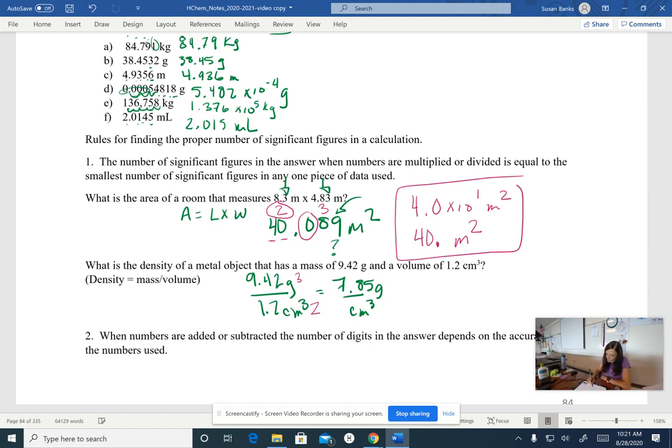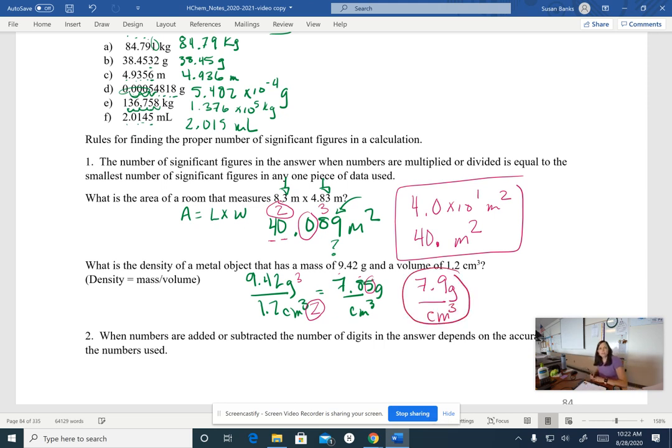That means I can only use 2 digits to report my answer. So I'm going to count over 2, 1, 2. That 5 tells me to round up. So I'm going to report this as 7.9 grams per centimeter cubed.